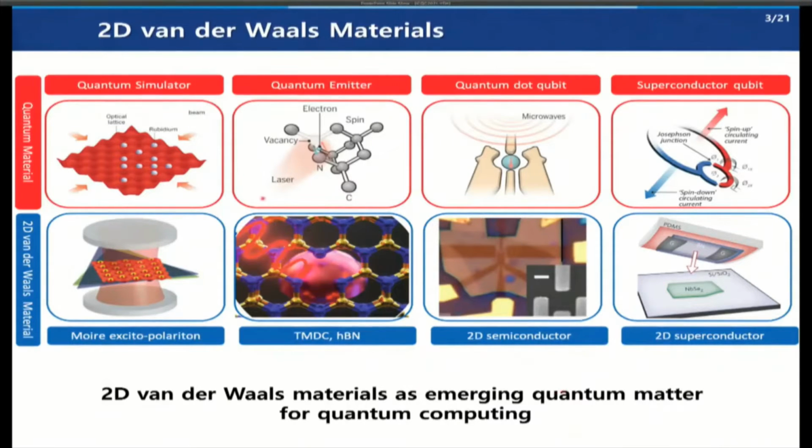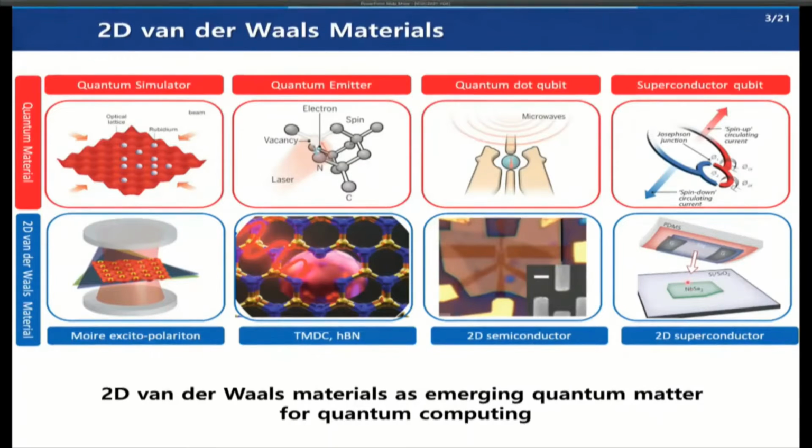The upper part is traditional quantum material for the quantum simulator, the quantum emitter, and the qubit system. The lower part is the corresponding 2D van der Waals material for the quantum simulator, the defect state in the 2D semiconductor hexagonal boron nitride for the quantum emitter, and some 2D superconductor for high quality Josephson junction and superconducting qubit.